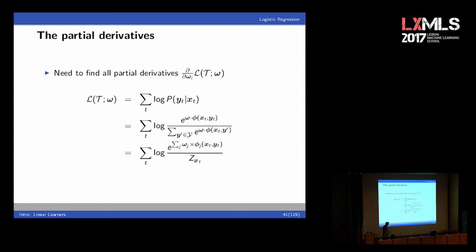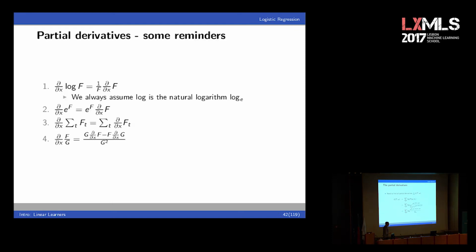So the objective is the log conditional probability. We define it by this Gibbs model, log linear model, maximum entropy model, logistic regression model. And what we have to use for the derivations is the log rule, the exponent rule, the sum rule, and the product rule for derivatives.